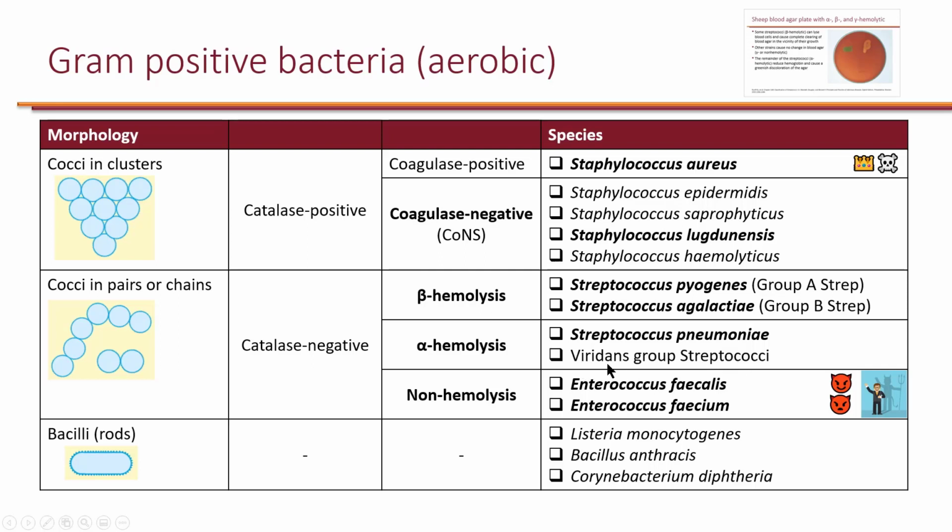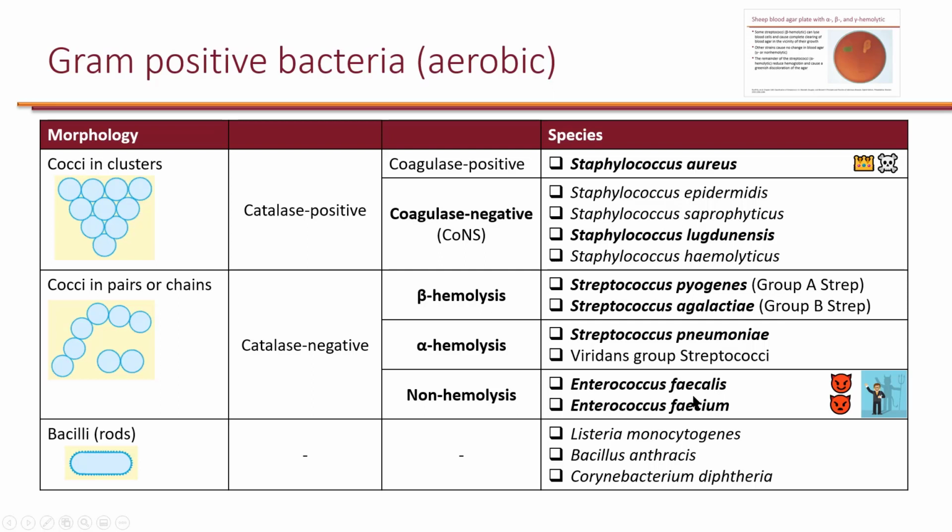They're collectively referred to as viridans group Streptococci. And then the non-hemolytic, we have 2 Enterococcus. In the old days, these were also called Streptococcus, but nomenclature has changed over time. So nowadays, these are called Enterococcus, but they're also in the same group as the rest of the strep.